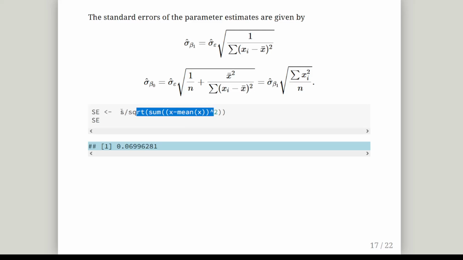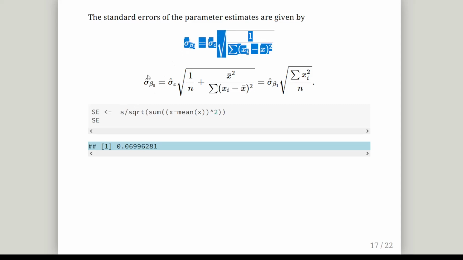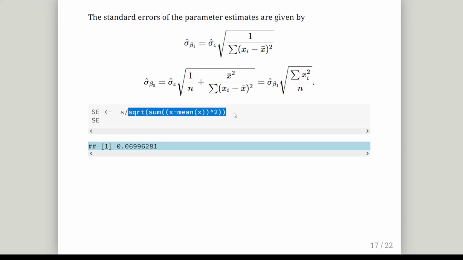Just as a quick remark, what we're doing here is dividing: S divided by the square root of this term. It's just a slightly different way of writing the formula, so be careful about that.